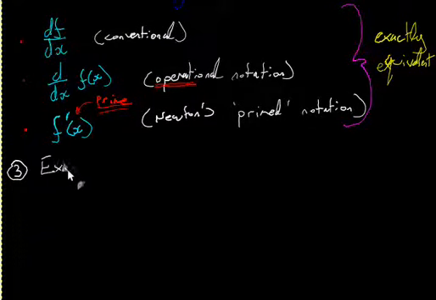So now that we've done that, it's probably a wise idea to move on to some examples. The first example I'd like to give you comes from our last video. So let's go right here, examples.